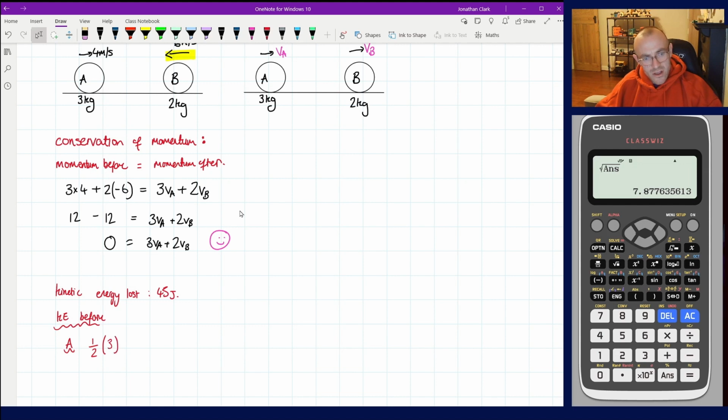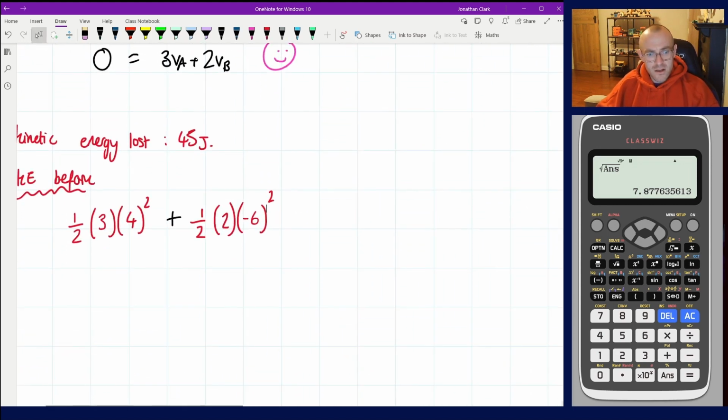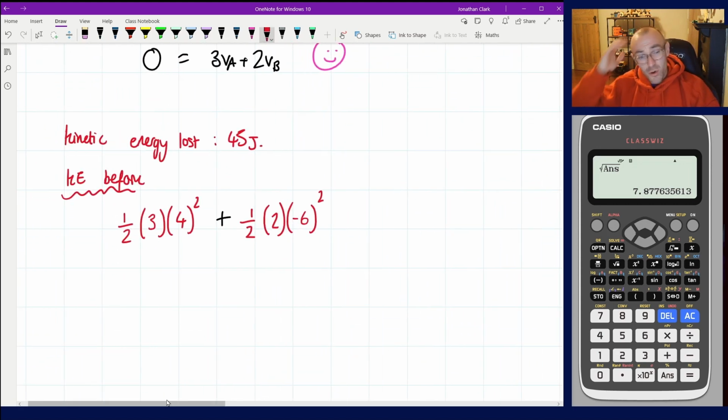Mass is 3, and the velocity is 4. And then for B, half mv squared again. The mass is 2, and the velocity is -6. It's going to be squared, so it won't matter. That's the total kinetic energy for A and for B.